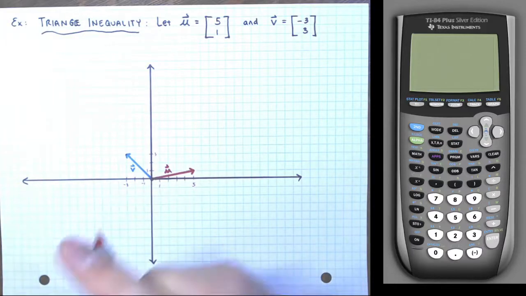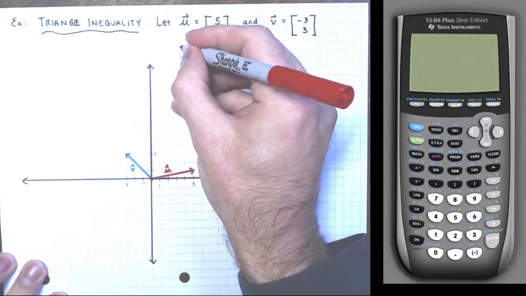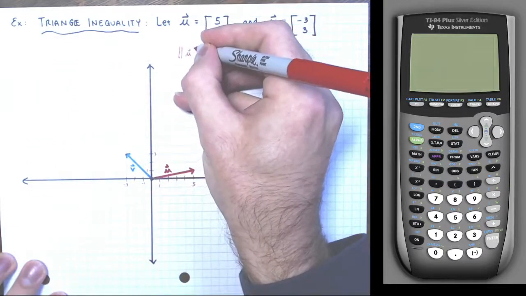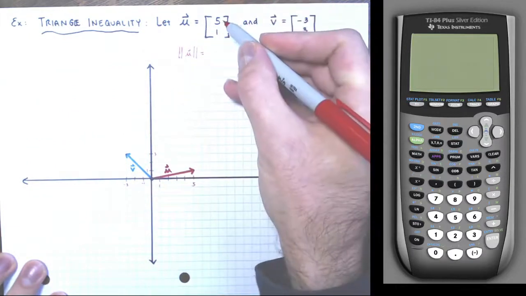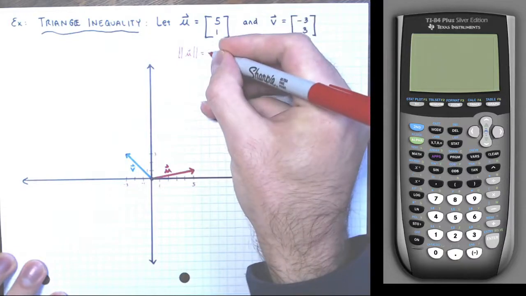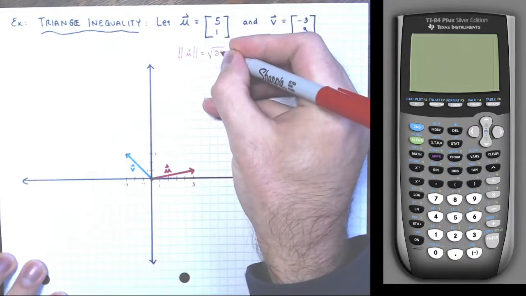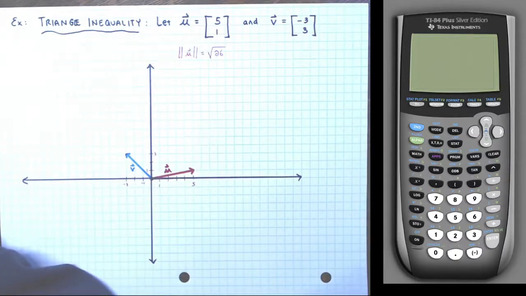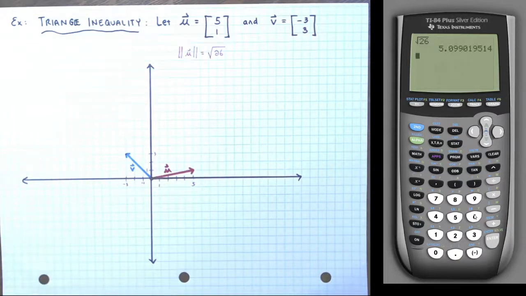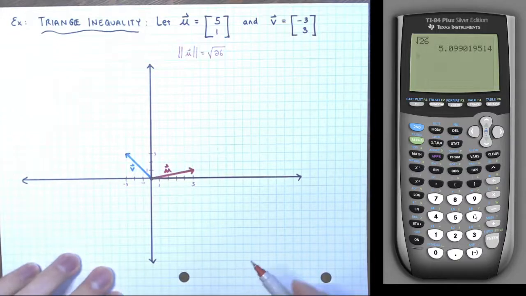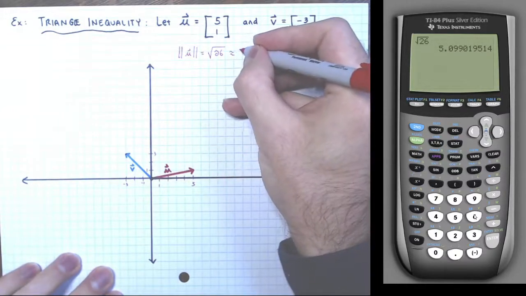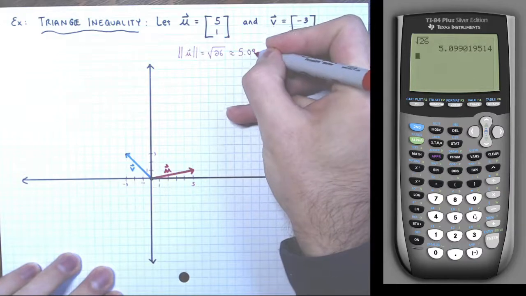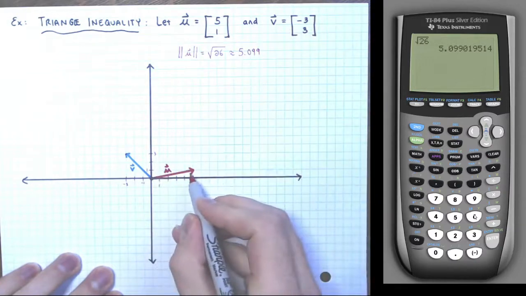The norm of u would be the square root of 25 plus 1, so the square root of 26, which is approximately 5.099. So just a little over 5 units.